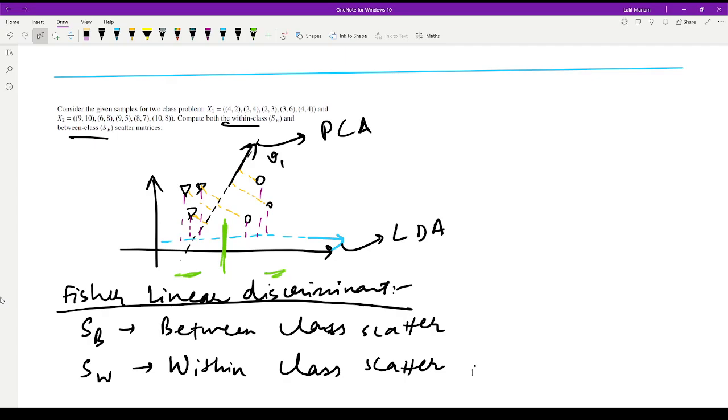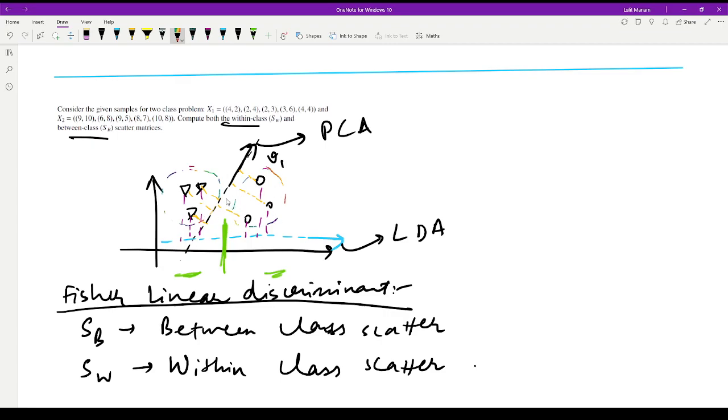The assumption is that the points of a given class are nearby, which means the within class scatter should be low, because within a class all the points are nearby. Do you agree? At least from this example.